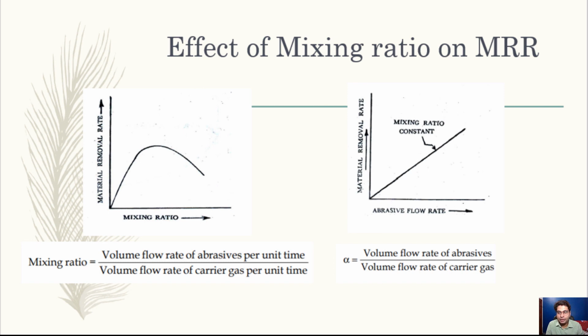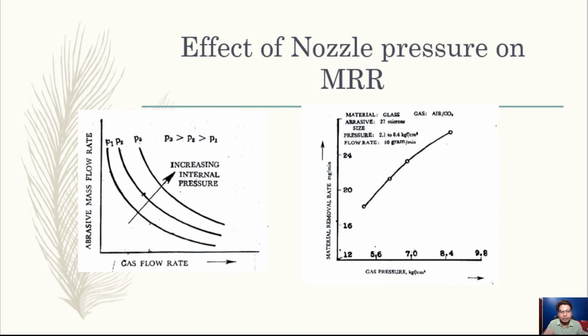Now, coming on to the effect of nozzle pressure on material removal rate, the abrasive flow rate can be increased by increasing the flow rate of the carrier gas. That is a very easy thing to understand. This is only possible by increasing the internal gas pressure as shown in this figure.